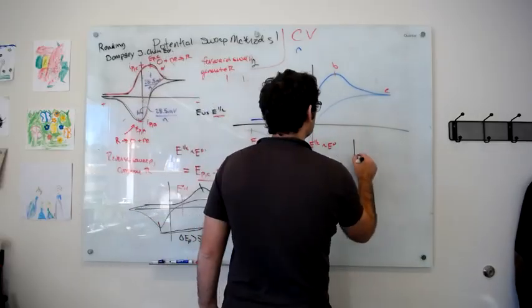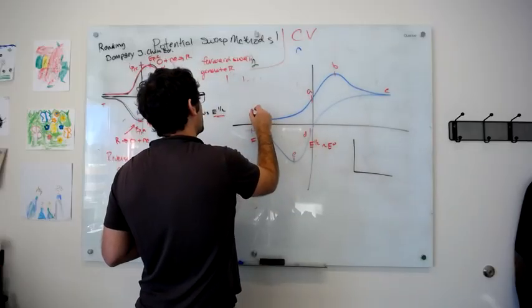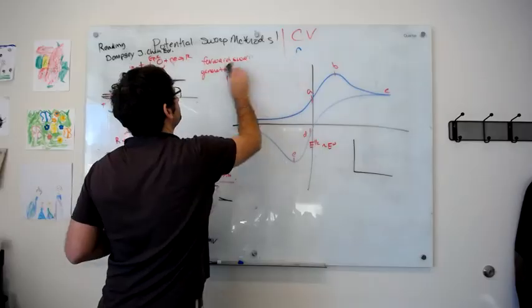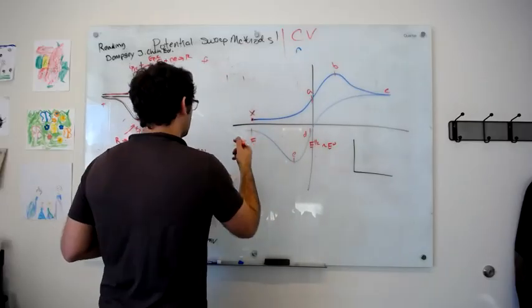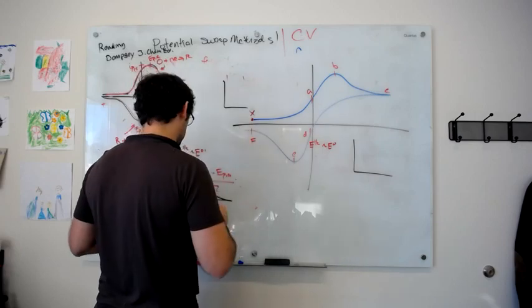So at A, let's actually call this X. So let's do X first, when we're starting. And at X, well, we haven't done anything yet. The current's almost 0.